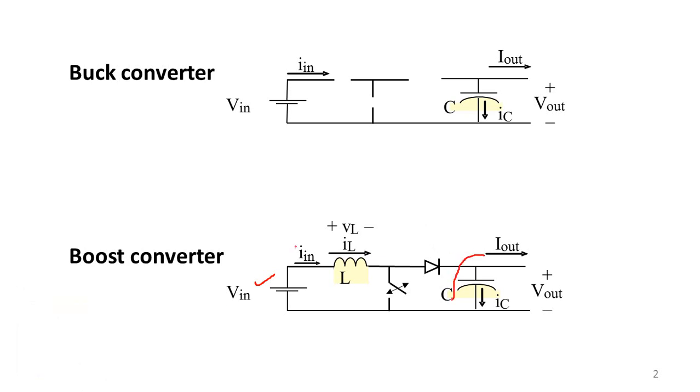Why? Because this capacitor is vital to maintain your output voltage, and the capacitor voltage plays a vital role in maintaining the load. Now in PV, instead of this V in, we are going to connect it to your PV.